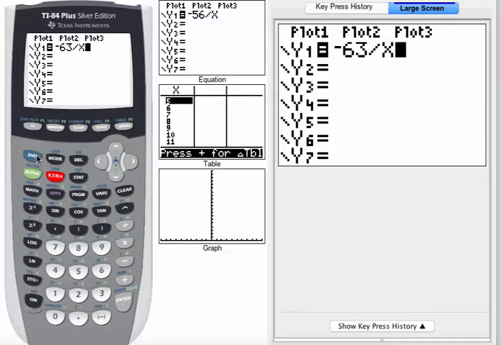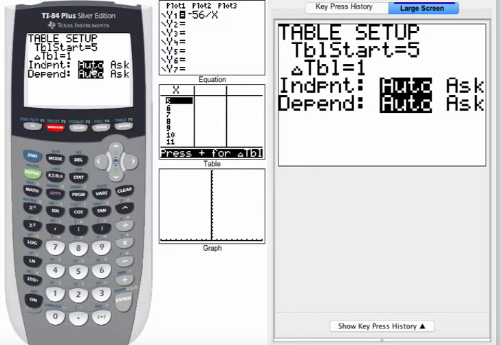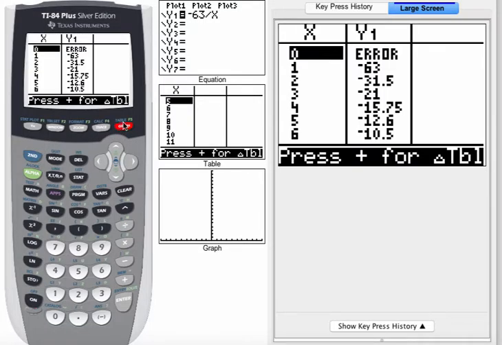So let's make sure that your table set is ready and in the same place that mine is. So I'm going to go to second window. Make sure that your table start is at 0, your table step is at 1, and you still have auto. Okay, and if that's all set up correctly, go ahead and push second graph, and that'll put you in the table environment. And you can see all the pairs just sitting there.